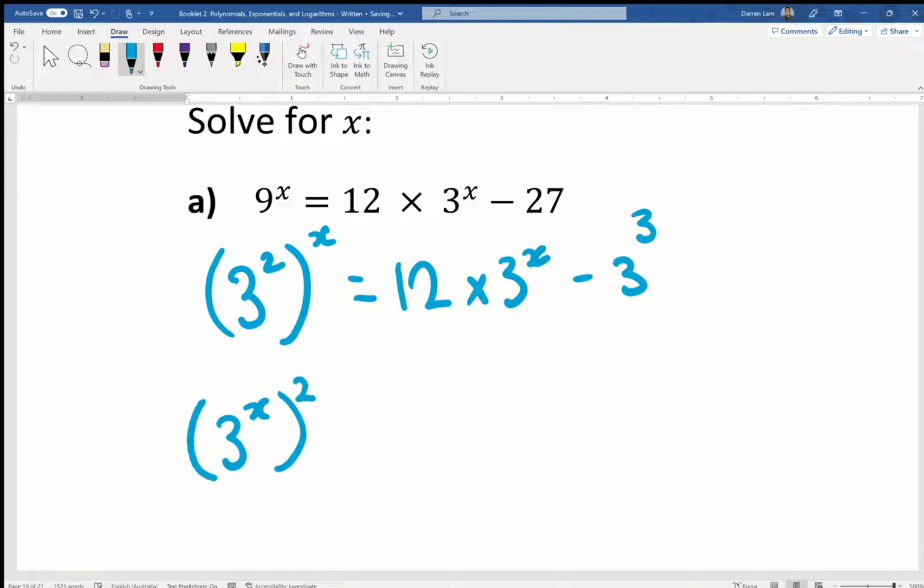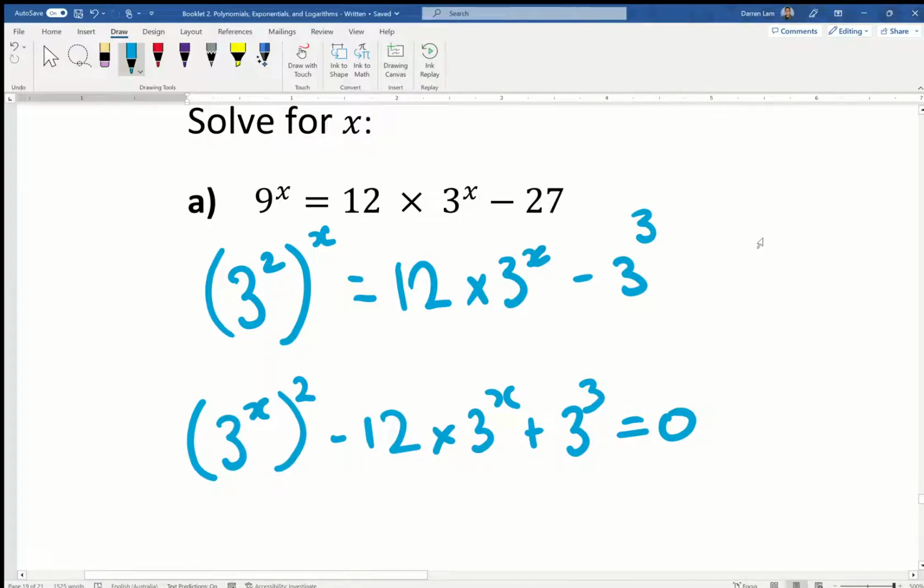Are we okay with that being the same thing? Yeah, good, because they're multiplied anyway. I'm going to subtract 12 times 3 to the power of x, and I'm going to plus 3 to the power of 3, which equals 0. Sorry, not minus, plus. In this circumstance, 3 to the power of 3 is fine. 27 might be a bit easier, but I'll move on. I'll show you why in a moment.